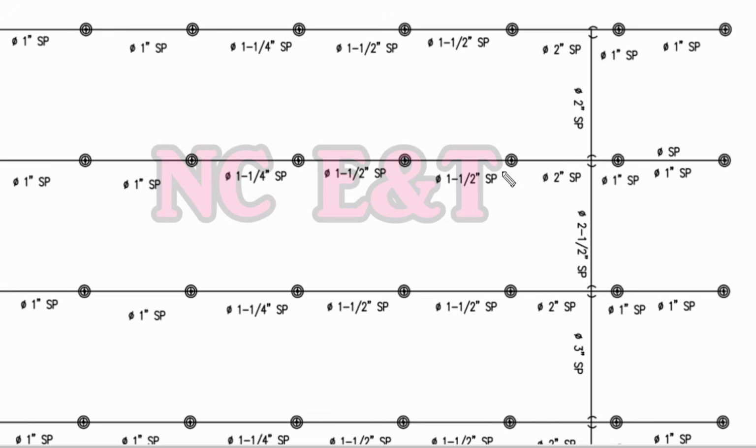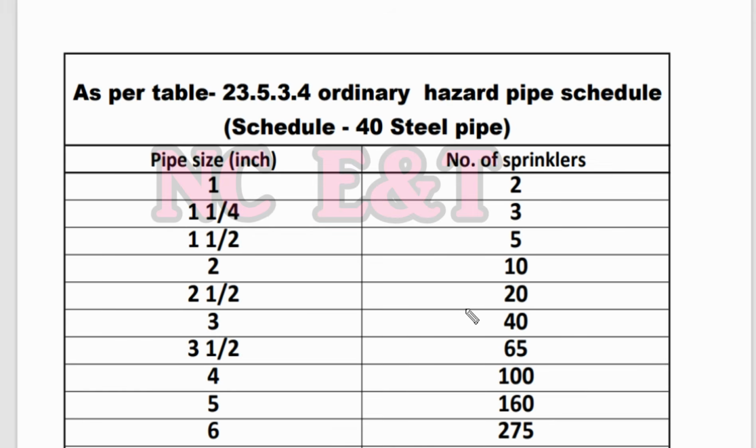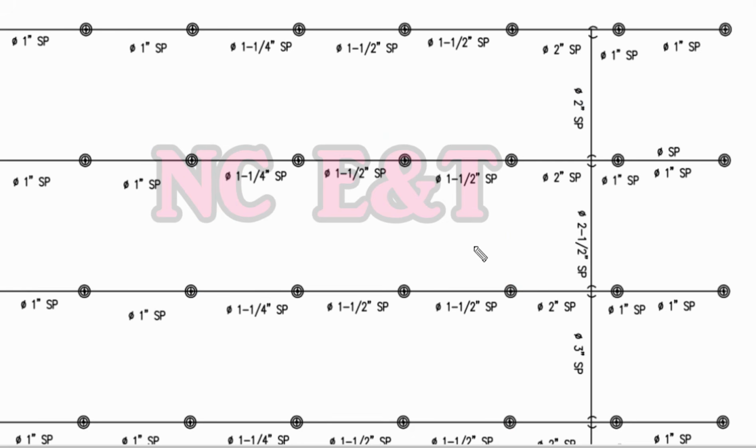If we add another branch, the number of sprinklers will be 16. Let us see from the table what pipe we need for 16. You can see from the table that up to 20 sprinklers we need the pipe size 2.5 inch. So for 16 sprinklers we will use the pipe size 2.5 inch.